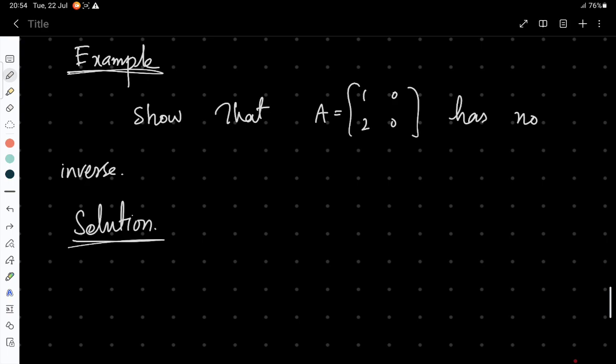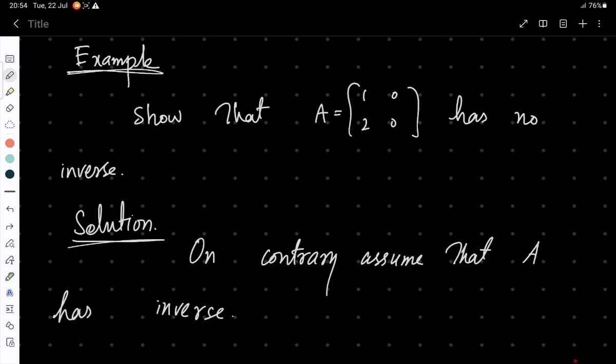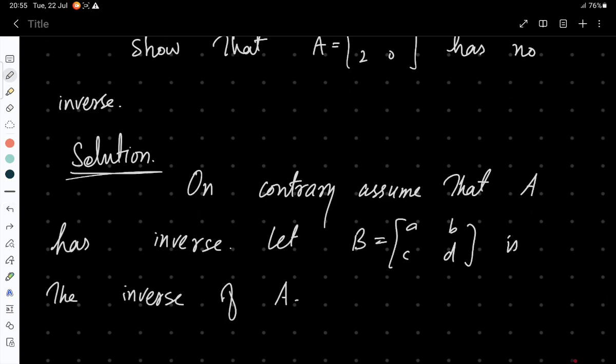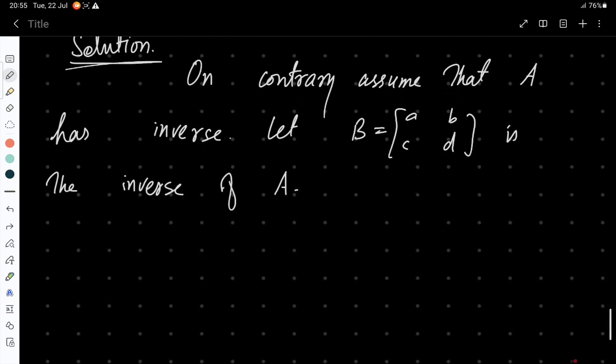So what is the negation of this statement? The negation is that A has an inverse. So on the contrary, assume that A has an inverse and suppose that this inverse is B, the matrix [a b; c d].